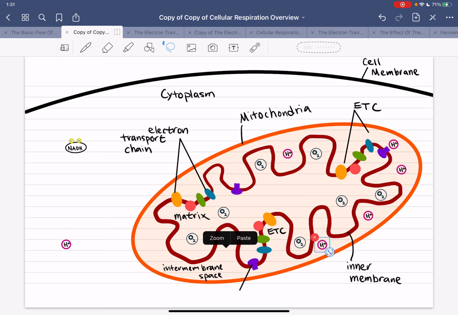So far, so good. Again, what I'm trying to illustrate is that there is a really high concentration of protons in the intermembrane space relative to the matrix. What created that gradient for us?